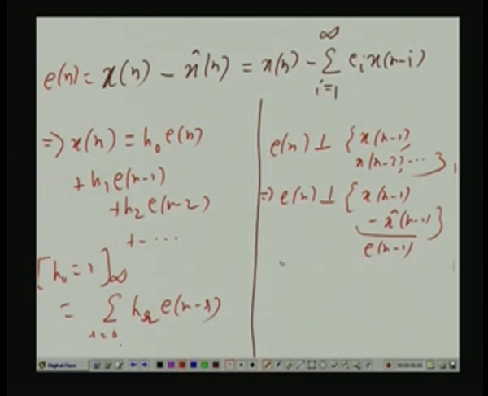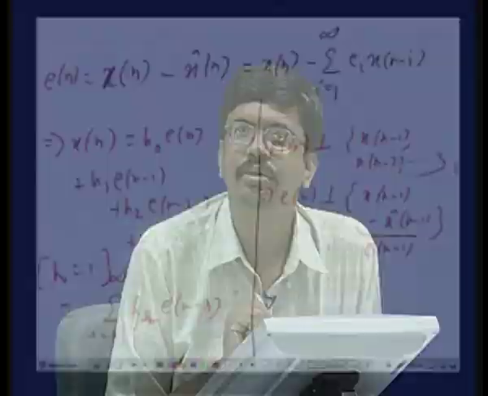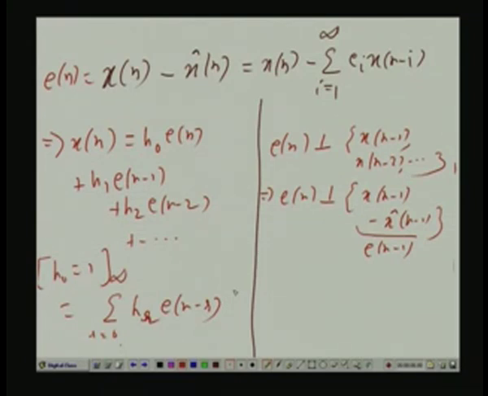That is the proof. So, any non-deterministic process x of n is always describable accurately as though it is generated by passing a 0 mean white sequence through a causal IIR filter of impulse response as shown here by H n. Okay. This is very important. This gives rise to the idea of modeling.